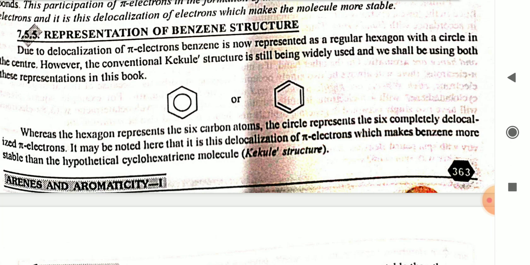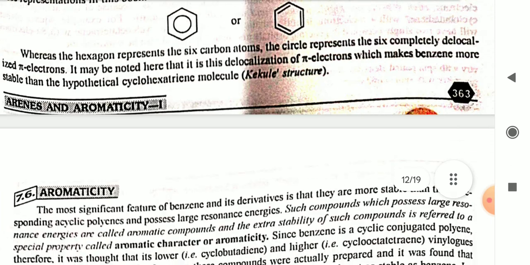Whereas the hexagon represents the six carbon atoms, the circle represents the six completely delocalized pi electrons. It may be noted here that it is this delocalization of pi electrons which makes benzene more stable than the hypothetical cyclohexatriene molecule, the Kekule structure.